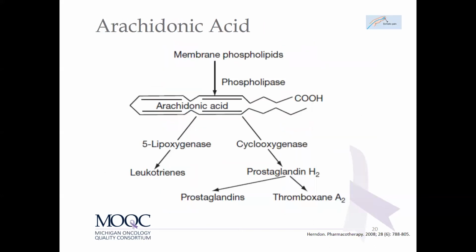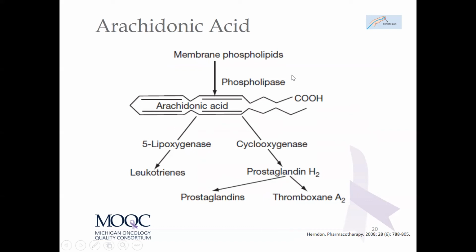Then we can get into the arachidonic acid pathway, and this is where both steroids and NSAIDs would work. And so what you can see in the corner is a little picture of what type of pain this is going to work for. So what ends up happening is that arachidonic acid is a component of the membrane phospholipids, and that's freed after being acted upon by phospholipases.